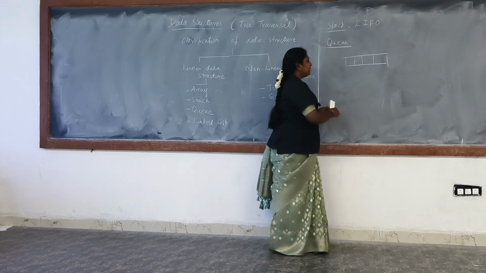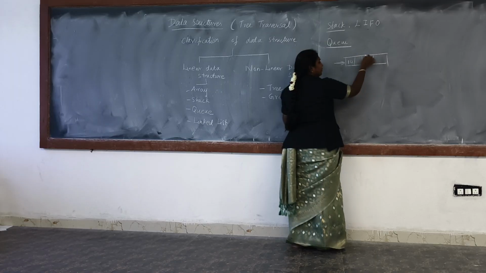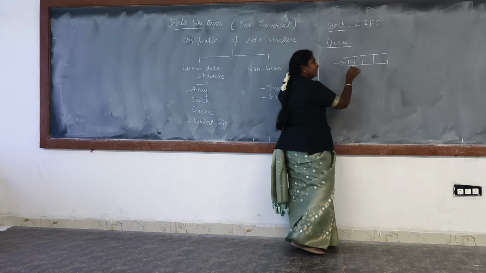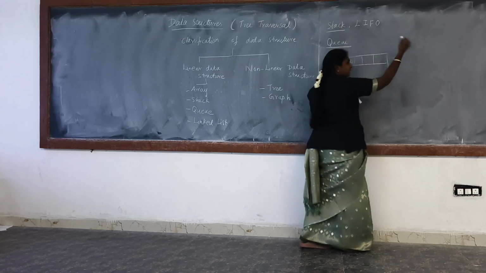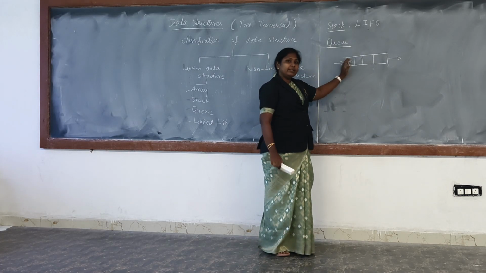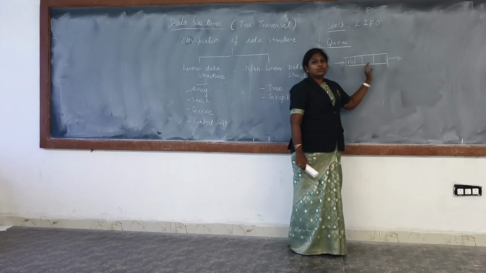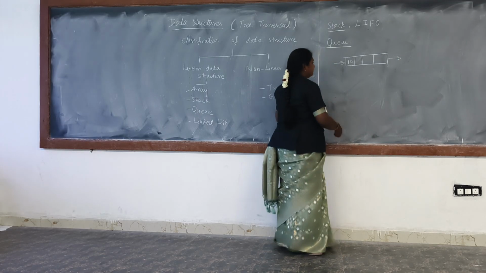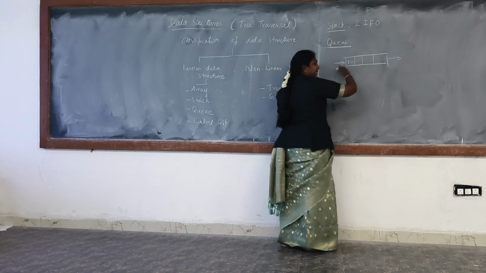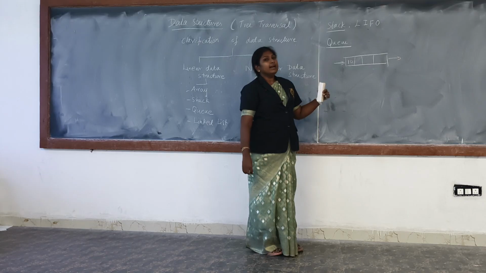When an element is inserted, it can be inserted at one end and the same element can be deleted at the other end. So insertion happens at one end and deletion happens at the other end.